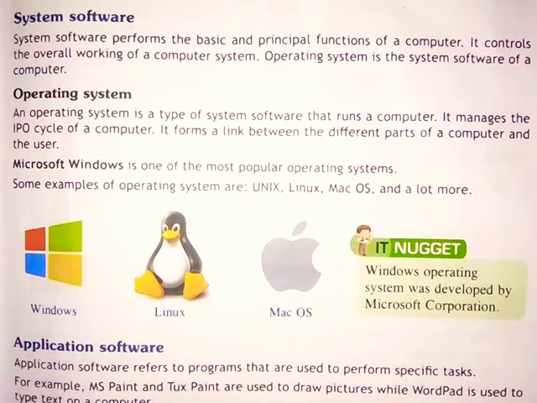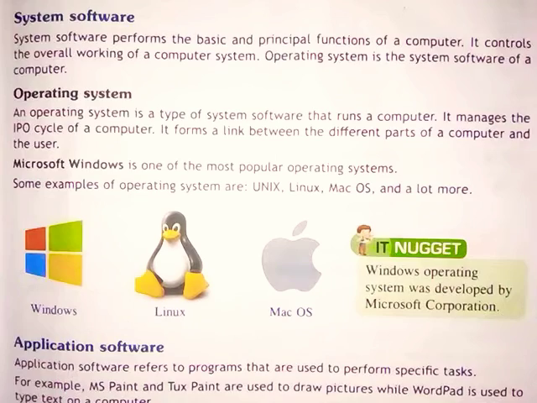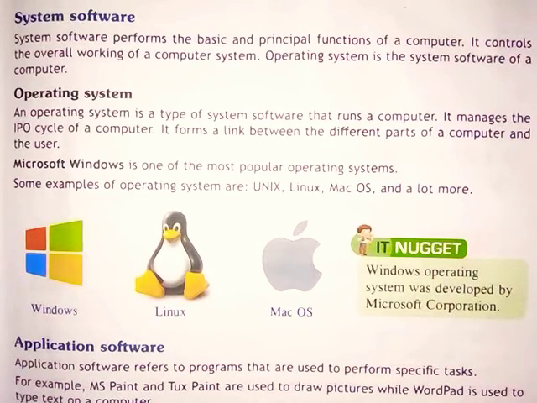System software. System software performs the basic and principal functions of a computer. It controls the overall working of a computer system. Operating system is the system software of a computer.